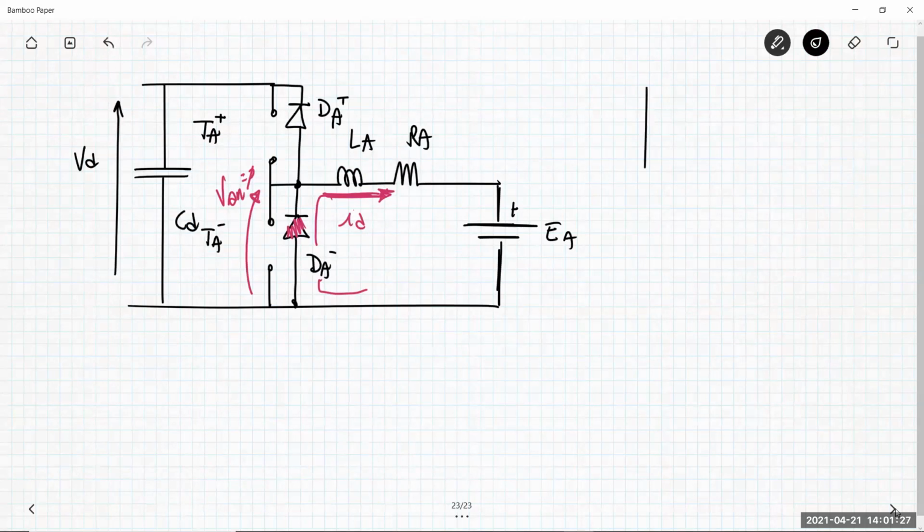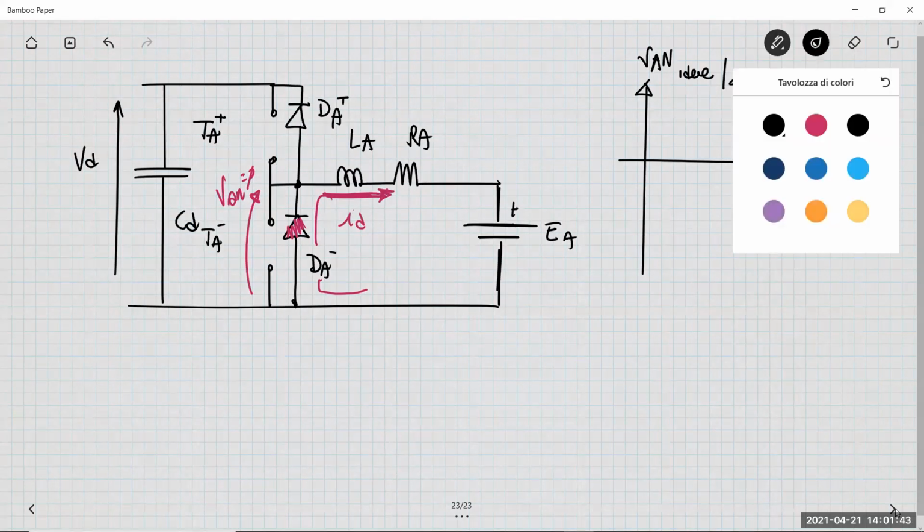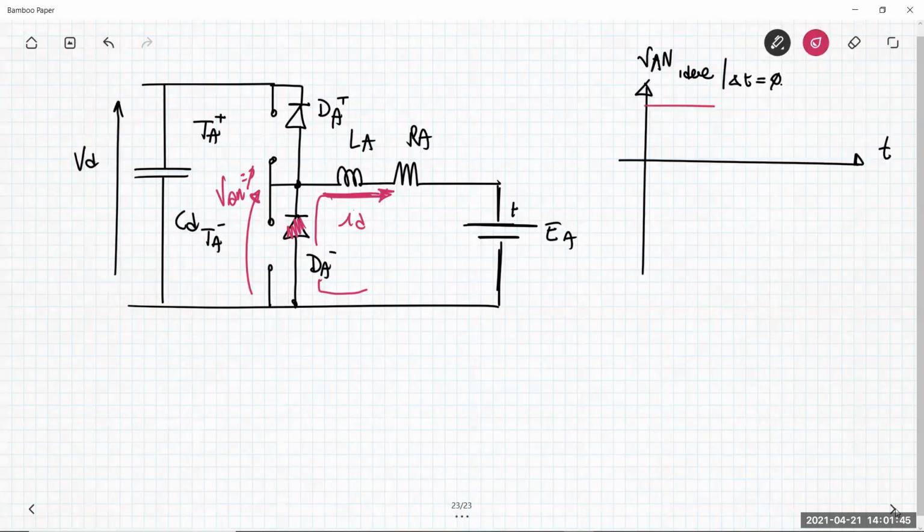If we plot the VAN ideal, ideal means with delta t equal to 0, we have something like this. Okay, 0 and VD.